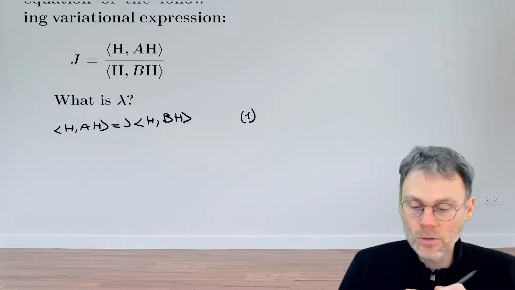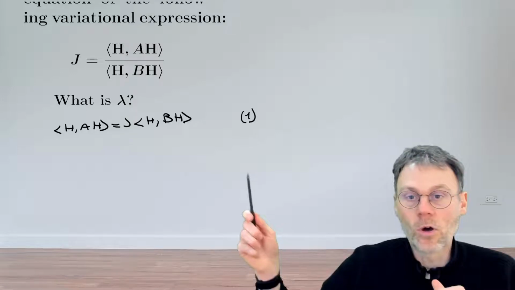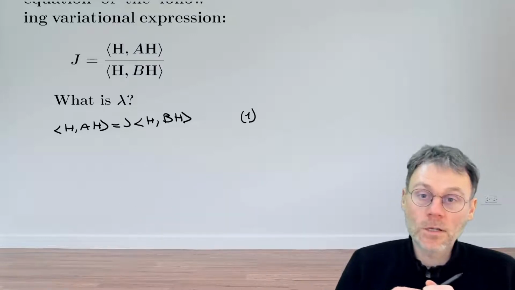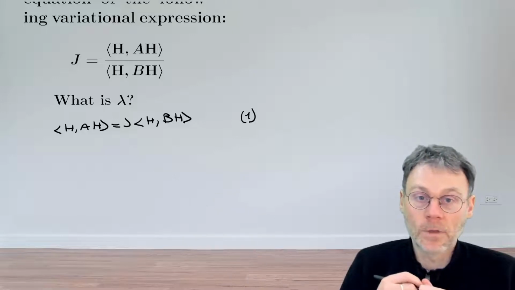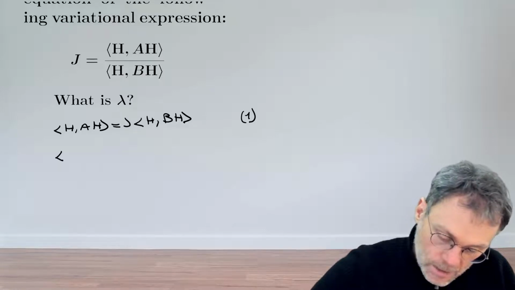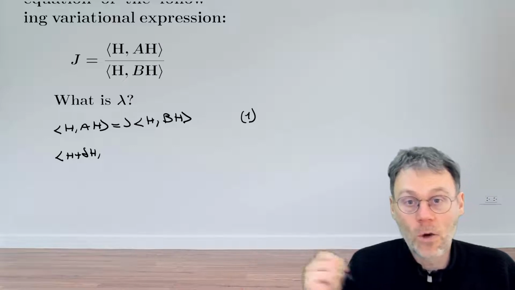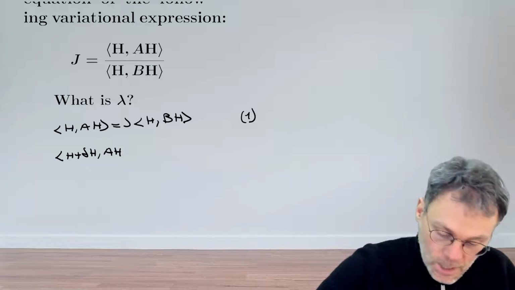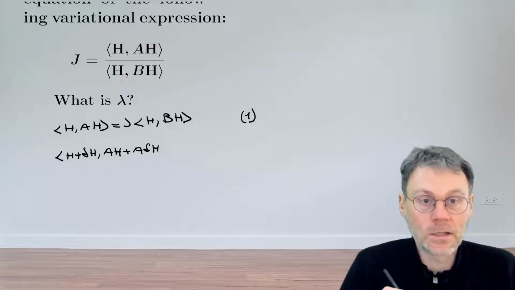And what we're now going to do is take that equation and perturb it, basically. So we're going to replace h by an h plus delta h, and that will give rise to a corresponding change from j to j plus delta j. So let's introduce that change. Let's see what this perturbation looks like. And then we have here h plus delta h. And then we have A operating on h plus delta h, but that's a linear operator, so we can write this as A operating upon h plus A operating upon delta h.